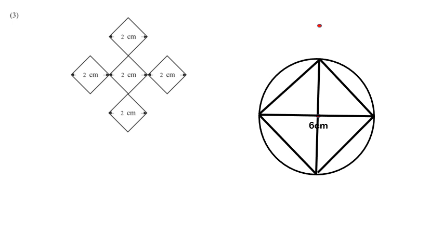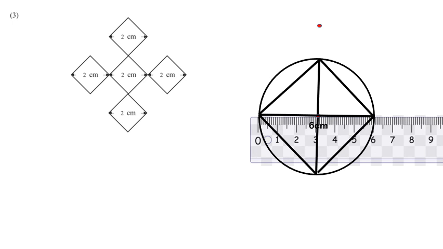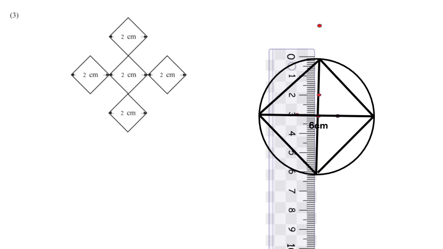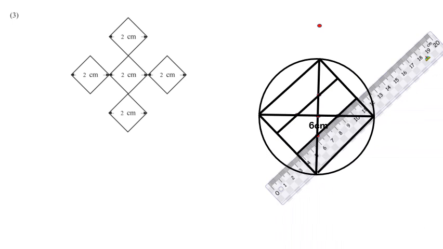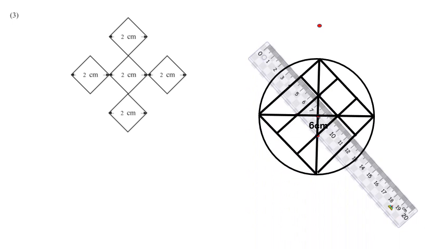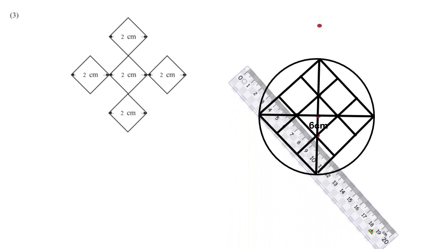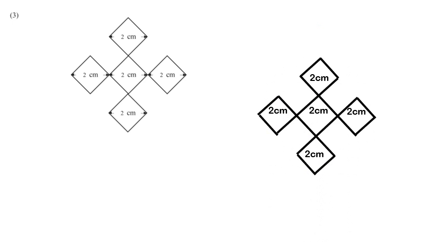Then use a ruler and mark the points on each diagonal 2 centimeters apart. Then join these points like this. Then erase the unwanted parts. We get the required pattern.